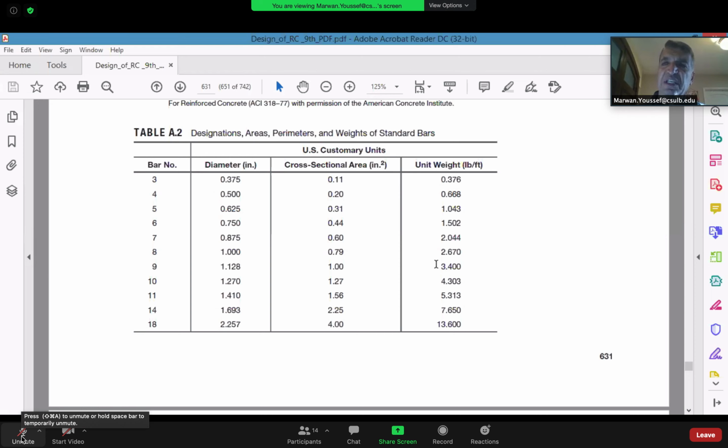So you're going to take all the bars, like let's say number 4 bar, you have 100 number 4 bars, every bar is 10 feet long. So you can calculate the weight of those and then get it into pounds and then convert that into tons. Right? So that's when this one will help you.